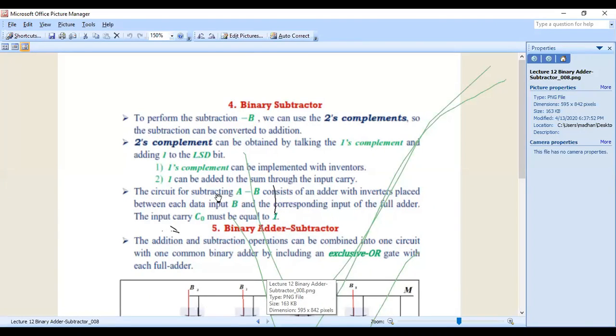For example, for a minus b, take the 2's complement of b and add it to the minuend.